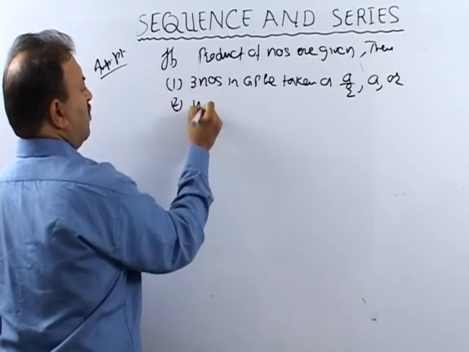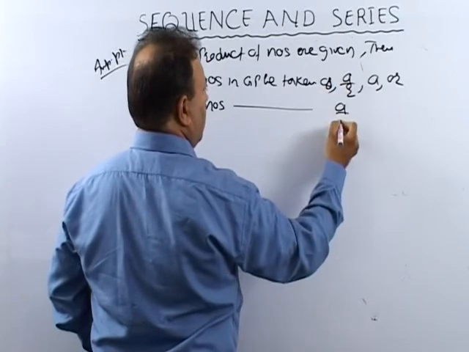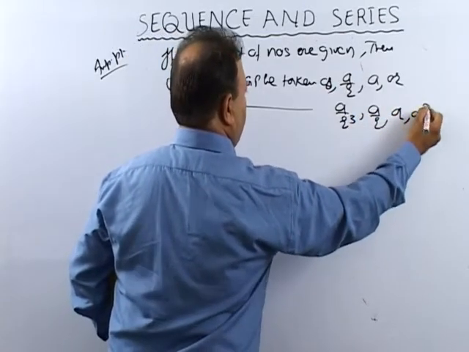Second, four numbers in GP are taken as A over R cube, A over R, AR, AR cube.